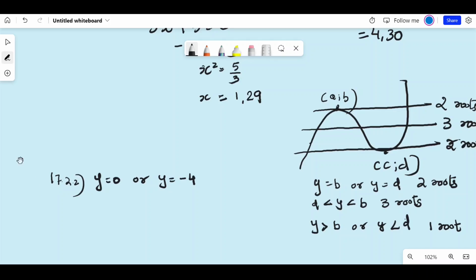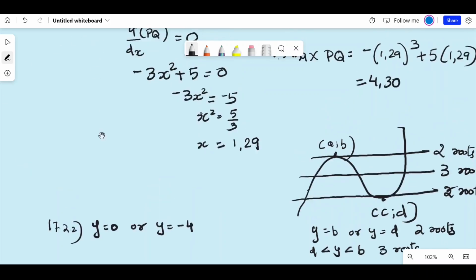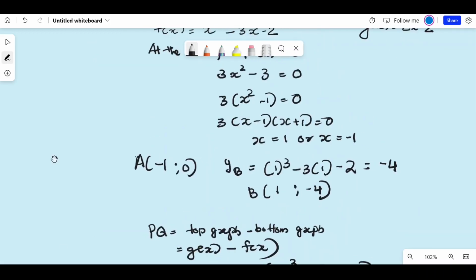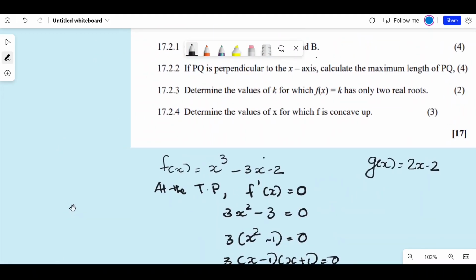Now the next question, 17.2.4: determine the values of x for which f is concave up. Okay, I think I better write the answer here. So here the two answers were y equal to 0 or y equal to -4.